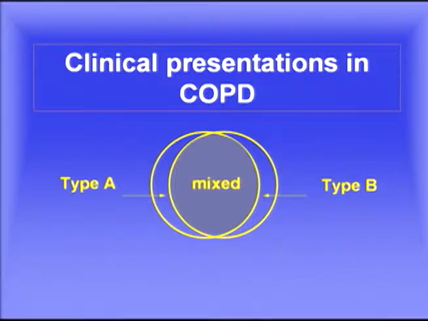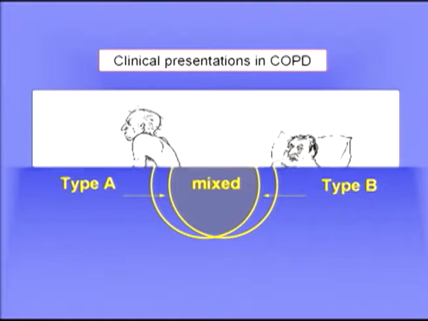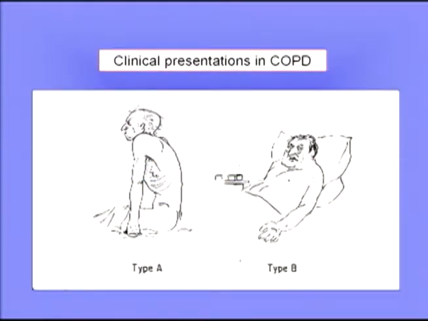Now let's talk a little bit about the clinical presentations in COPD. And the vast majority of patients have a sort of mixed presentation, but it's very interesting that there are extremes called the type A and type B that are interesting to look at. And the type A patient, shown here on the left, is typically a rather thin person, sitting up in bed, as you can see, and desperately short of breath.